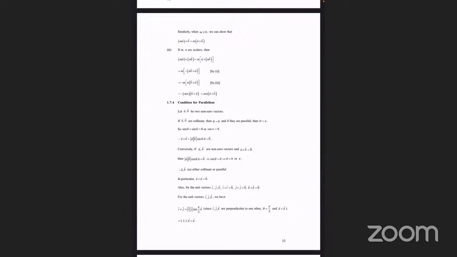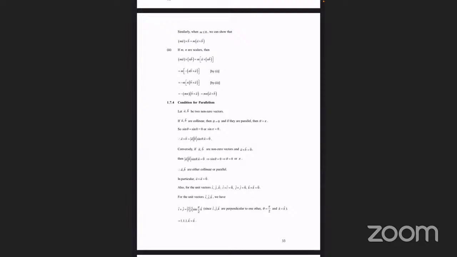Here theta is 180 degrees, and another is theta equals 0. So sin 0 is 0, and sin pi is also there.